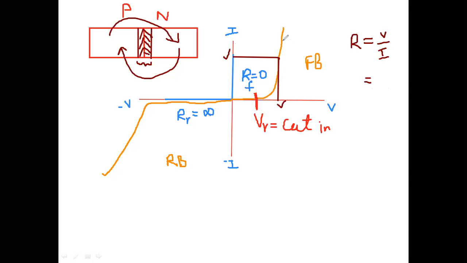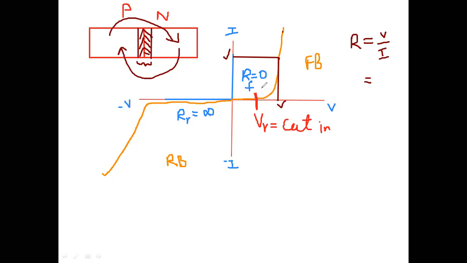If you take any point on the graph and take the ratio of voltage at that point and current at that point, then you'll get resistance. This resistance is called forward resistance. It is also called static resistance.